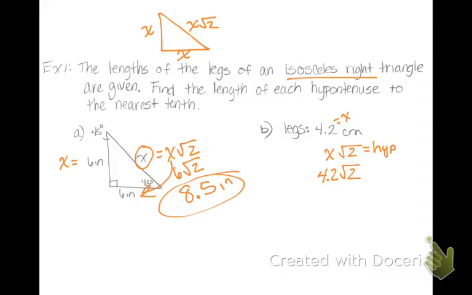You put it exactly like I wrote it in your calculator: 4.2 times square root of 2. And it's 5.939, so it's going to be 5.9 centimeters. All right, next one.